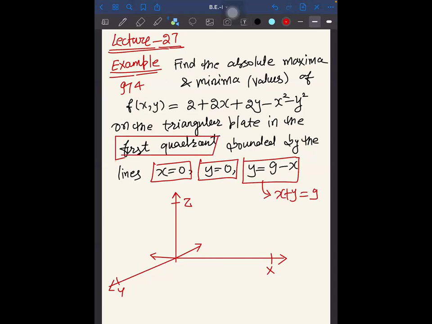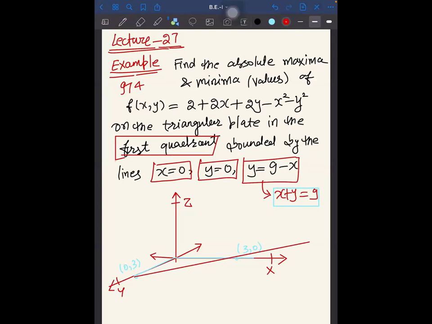So these are the pieces of information we're going to use. One is the first quadrant, another is x = 0, y = 0. These are the x-axis and y-axis. And for x + y = 9, let's say this is the point over here and this is the point over here. So this point is, let's say, 3, 0, and this is 0, 3.